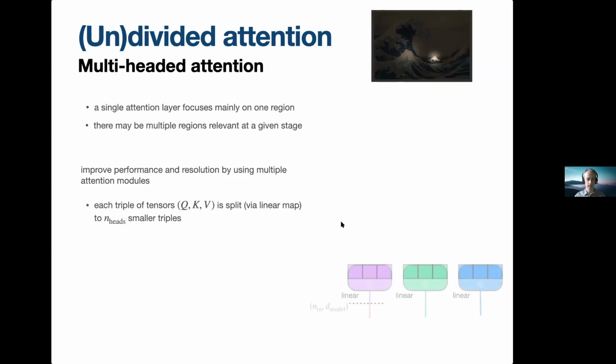In the multi-headed attention module, given whatever values, keys, and queries that we're interested in applying attention to, we first split them into smaller bits. This is done via a linear map, because each of these components is going to go into a different attention head.